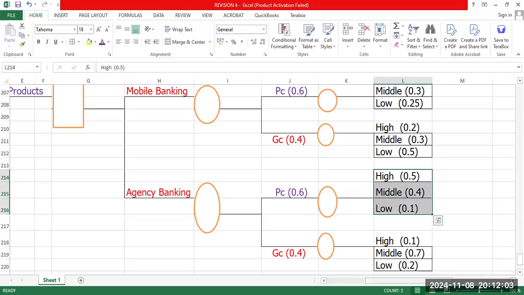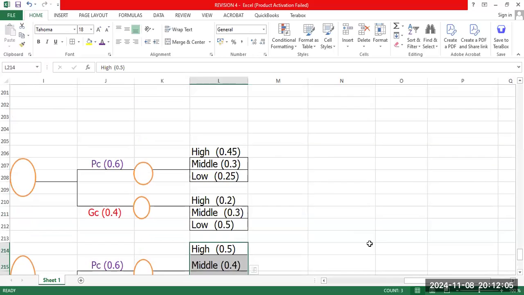So after that, because we want to calculate the expected profit, it means that we expect the outcome. To get expected profit, you need the probability times the profit.